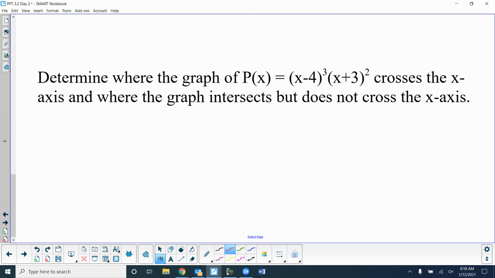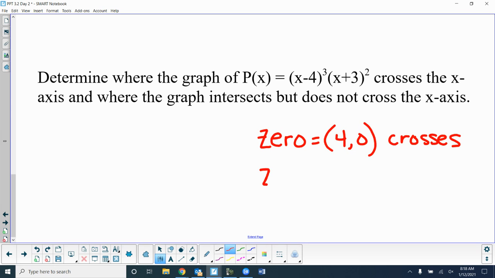If x minus 4 is the factor, what's the 0? X minus 4 is the factor. So what's the 0 for that one? 4. Yeah. And at 4, since it's odd, the graph crosses the x-axis there.